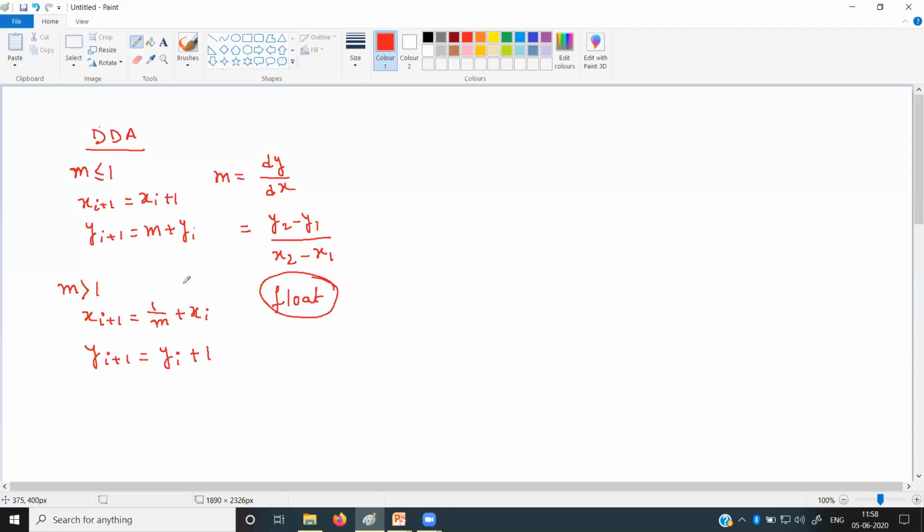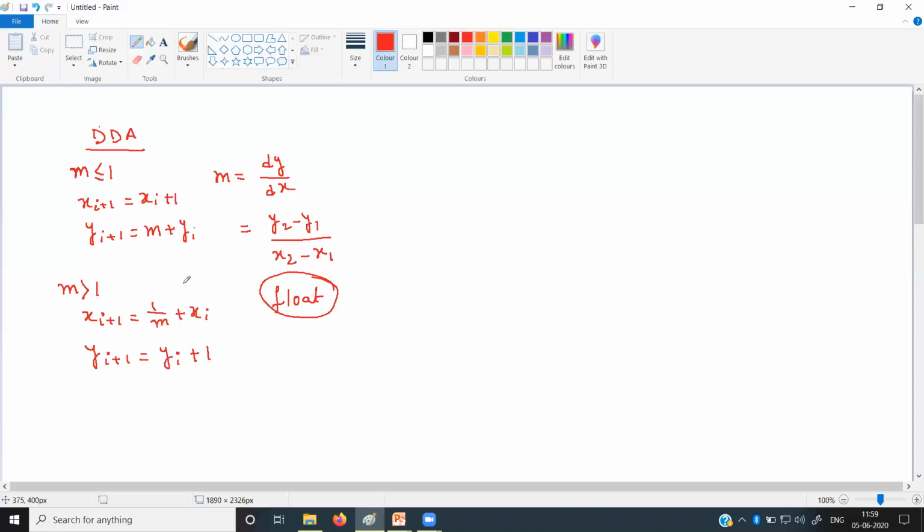And as there are fractional computations, you know that our display device has a set of pixels, and the pixel number is only an integer. That means there is no floating point concept about the pixel. Like the pixel value will be 1, 2, 3. There is no concept of pixel number 1.5. Pixel is always a whole number.